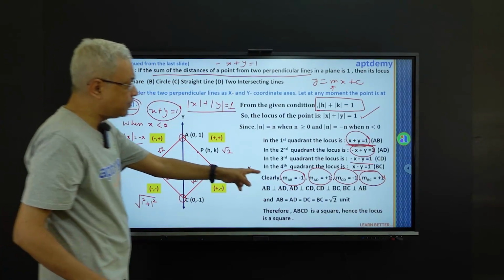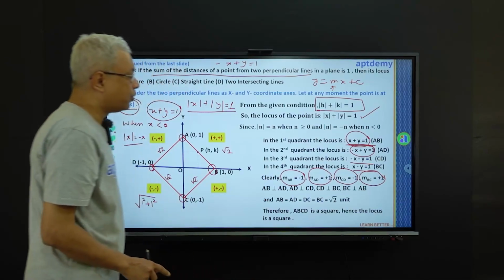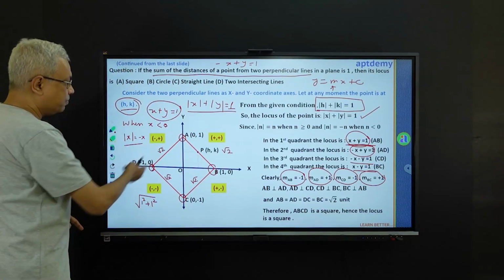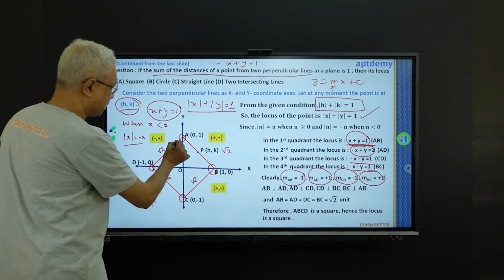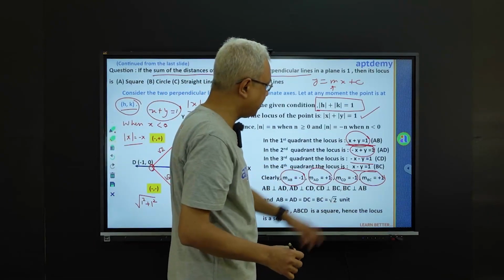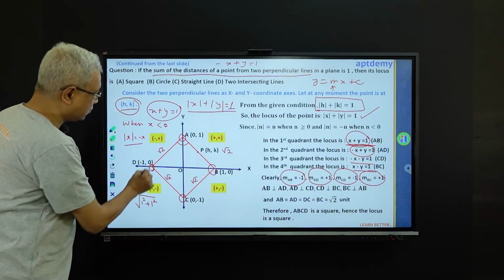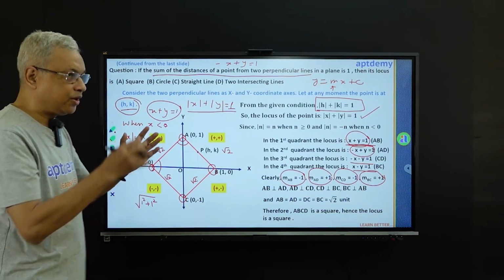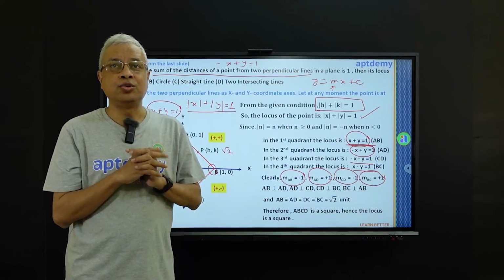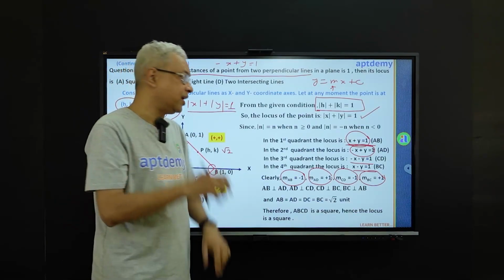Moreover, since m_AB is -1 and m_AD is +1, line AB and line AD are perpendicular to each other. This angle is 90 degrees. m_AD multiplied by m_CD is -1, so these two lines are perpendicular, because you know the product of gradients of two straight lines which are perpendicular to each other is always -1.